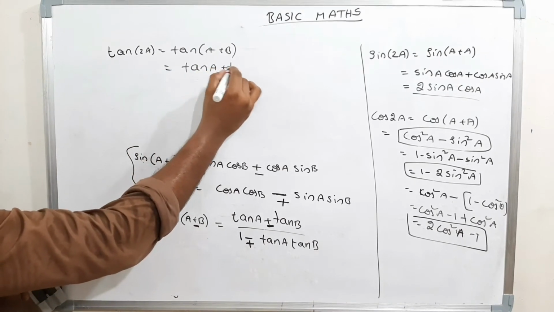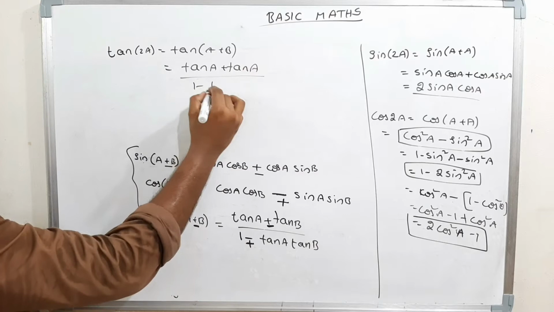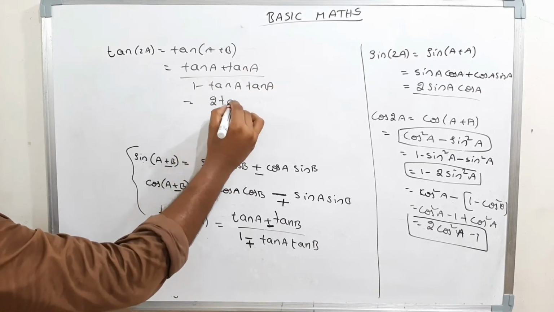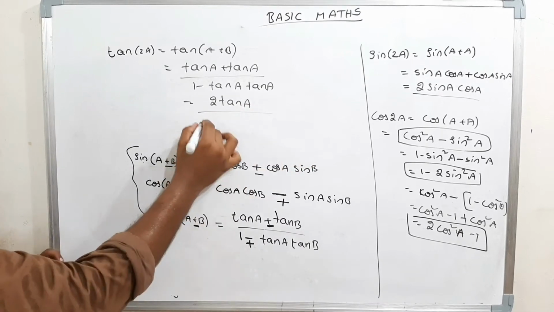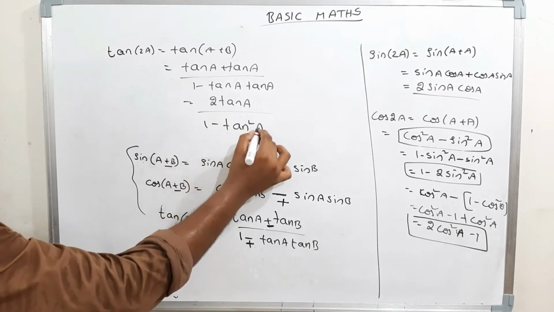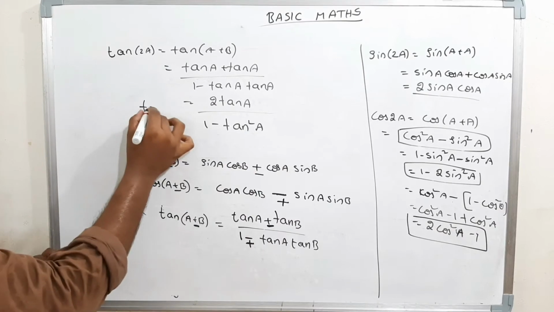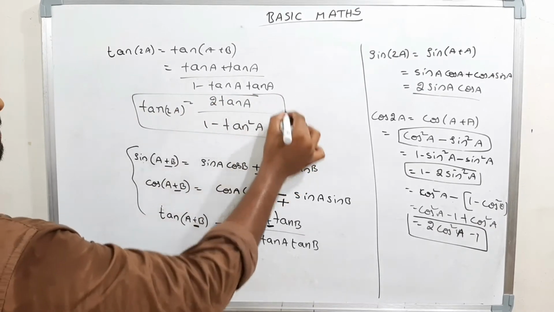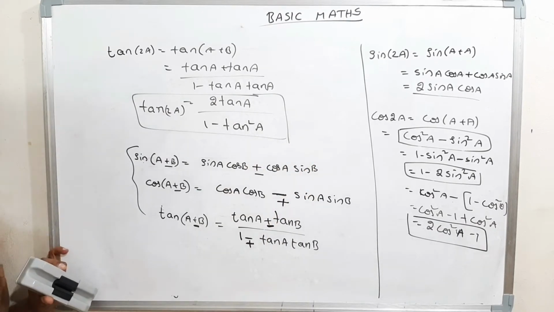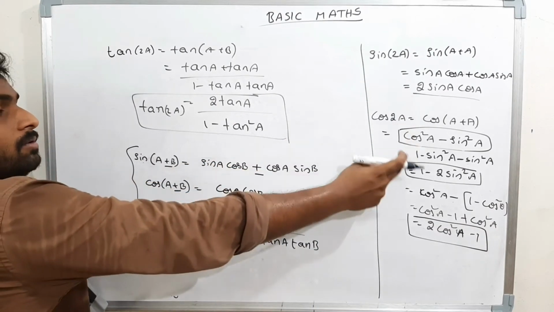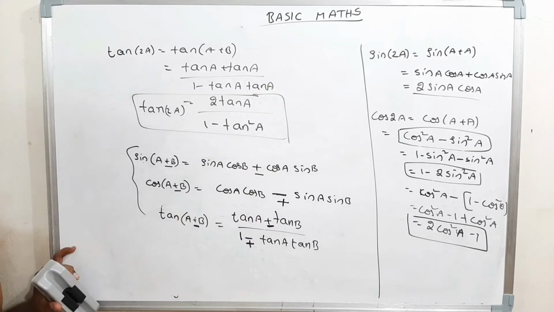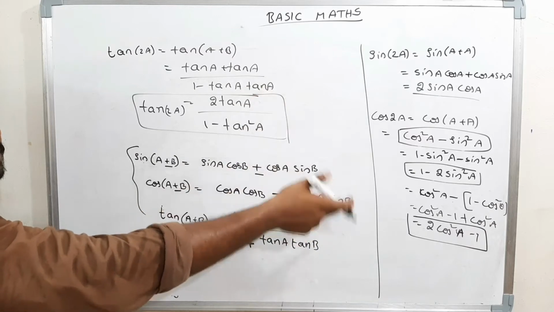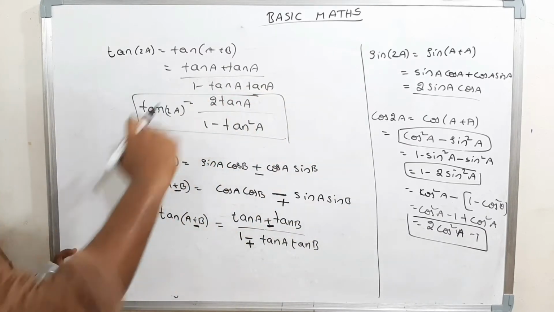Tan A plus tan A by 1 minus tan A into tan A, that is 2 tan A by 1 minus tan square A. Therefore, the tan 2A formula is 2 tan A by 1 minus tan square A. Please remember these formulas 1, 2, 3, 4 and 5. If you know these, then you can derive the others, even in the exam if you forgot them.